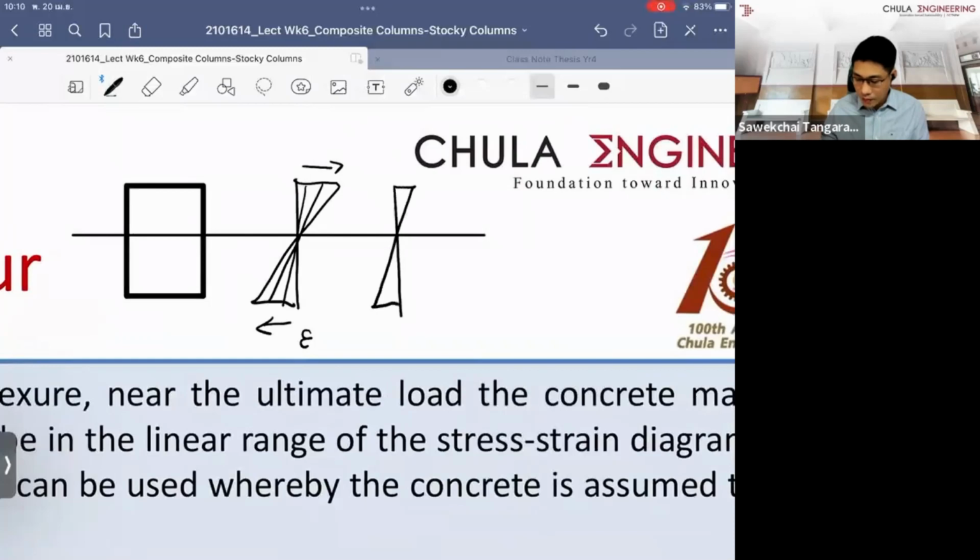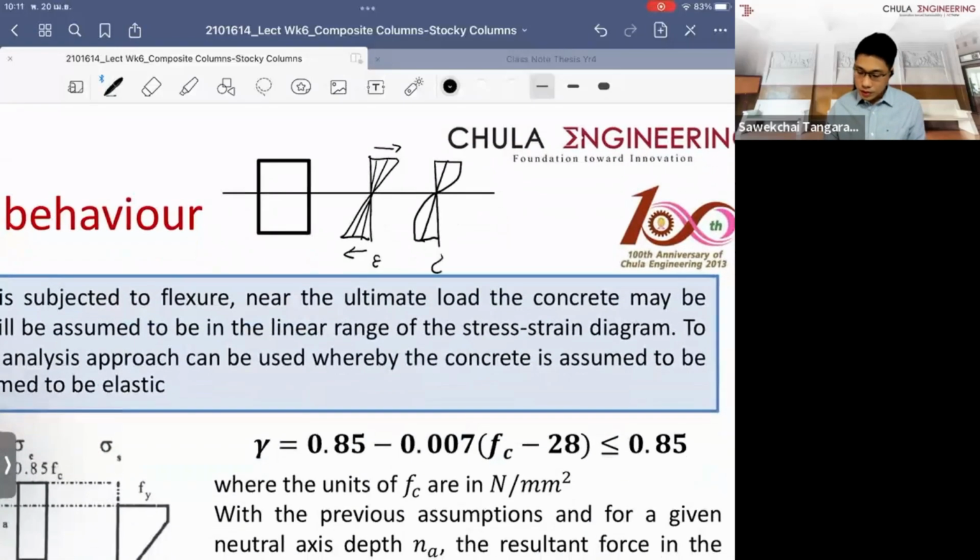In the beginning, you may have a linear stress, and it will reach up to a non-linear stress behavior. Right, so this is the stress.